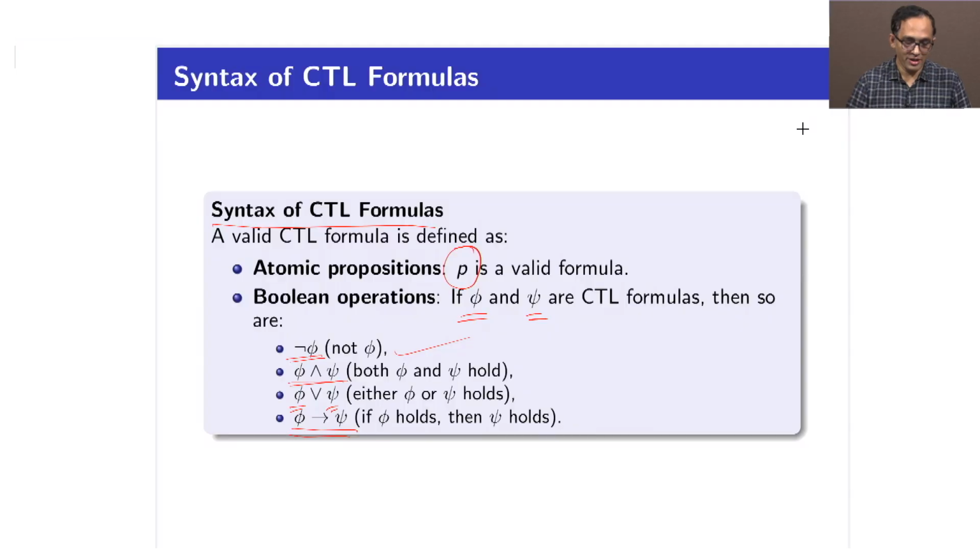The previous one is basically the Boolean connections, we are not talking about any path quantifier yet. But independently this can be a formula where you have path quantifiers. It can be like AF phi implies AG psi, something like this. So, this is my phi and this is psi. If this is a CTL formula and this is a CTL formula, their implication is a CTL formula. This is what I mean here.